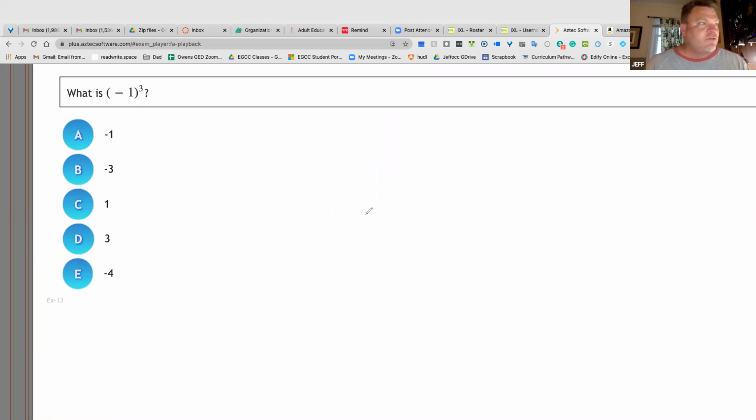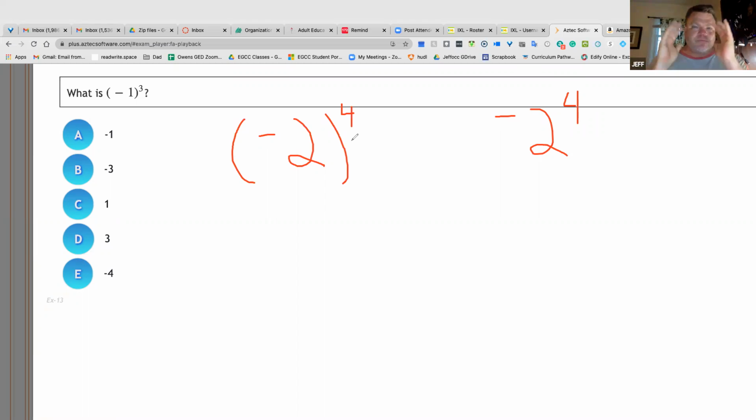So an example where this would be different would be -2 to the fourth. This Scotch tapes the negative to the 2, because they're saying we are all in the same parenthesis space. So -2 times -2 times -2 times -2. -2 times -2 is +4.